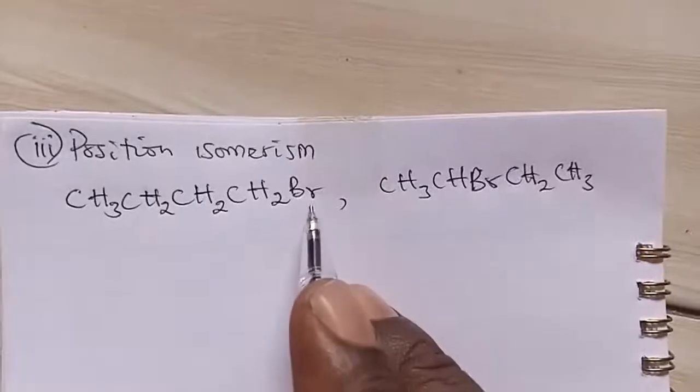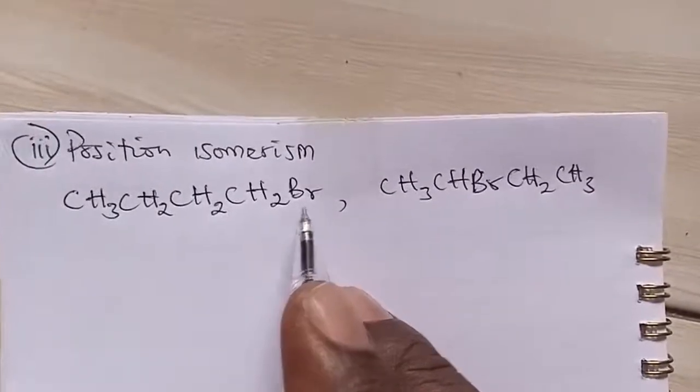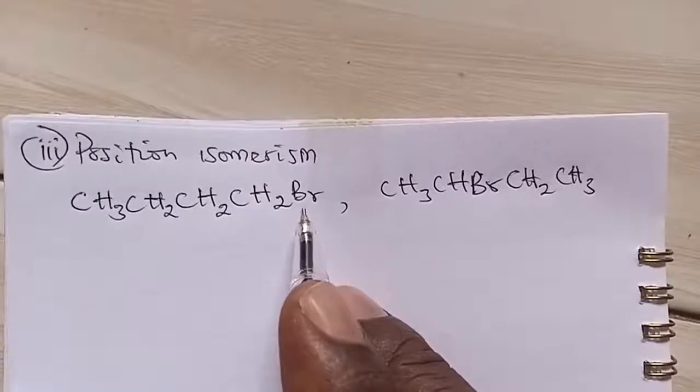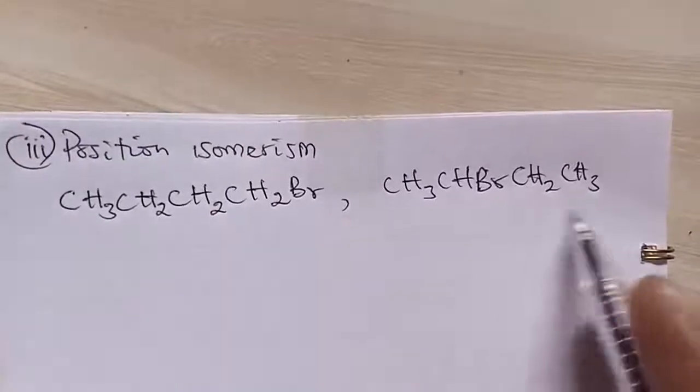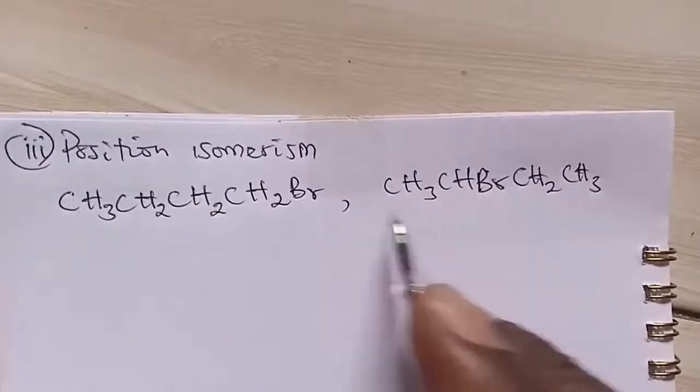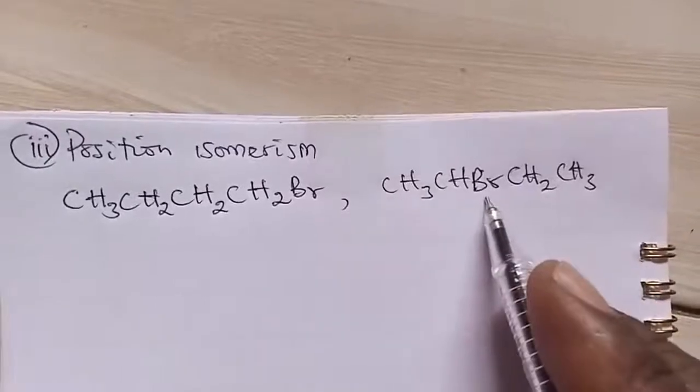You can see that the substituent group is bromine. In this place, it is attached to the first carbon atom. And here, it is attached to the second carbon atom. Whether you are counting from here or from here, it is the second atom.